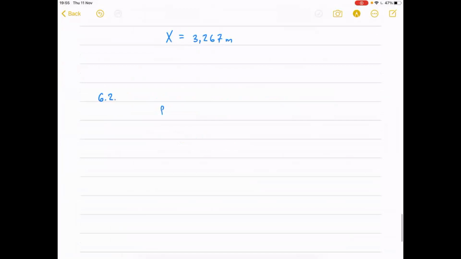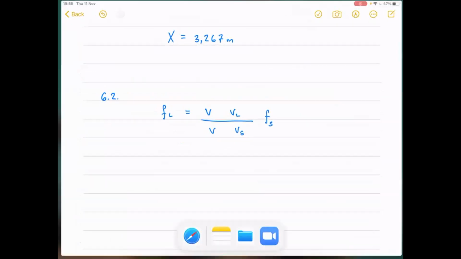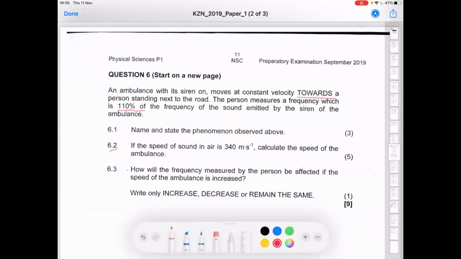So we have to start by writing out the equation, times the frequency of the source. A person standing next to the road.